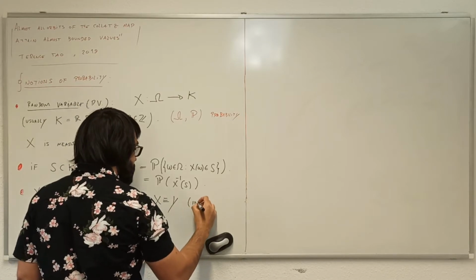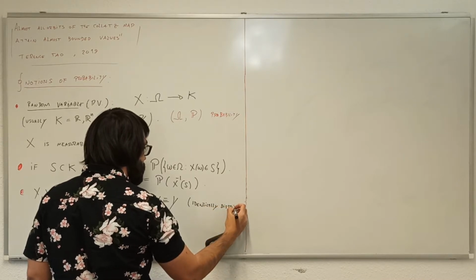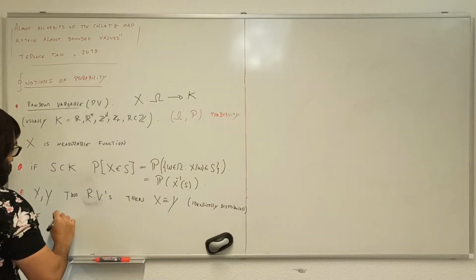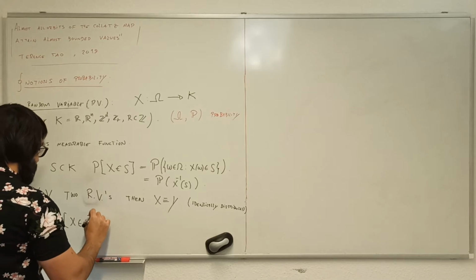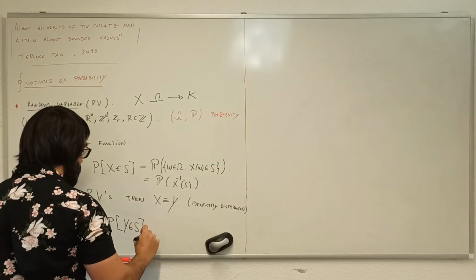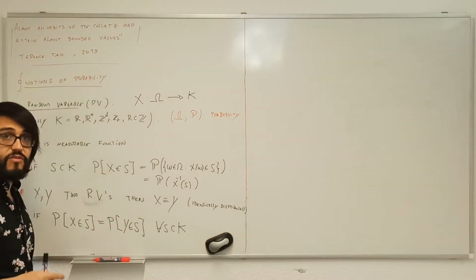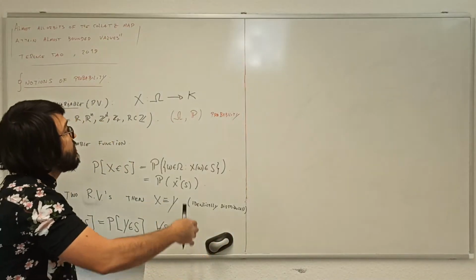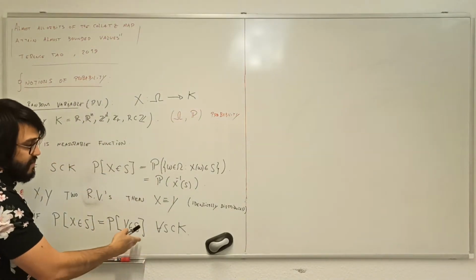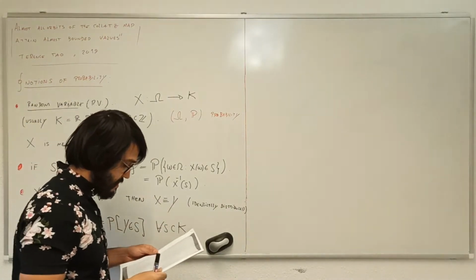So they are identically distributed if the probability of X belonging to S equals the probability of Y belonging to S for every S contained in K. So X and Y only need to have the same range, but they don't need to have the same implicit probability space. As long as this is satisfied, then we say that they are identically distributed.